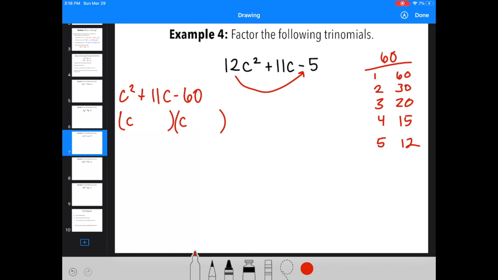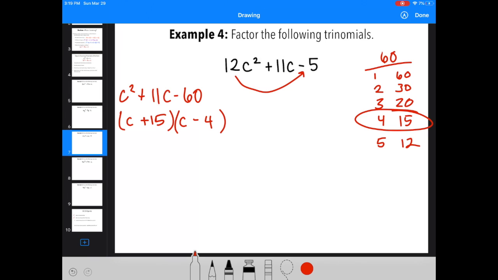Because I'm looking at this and I see that 60 is negative, so one of these values is going to have to be negative. And my middle value is 11. If I take 15 minus 4, that gives me 11. Ding, ding, ding. So I'm going to have c plus 15 and c minus 4.